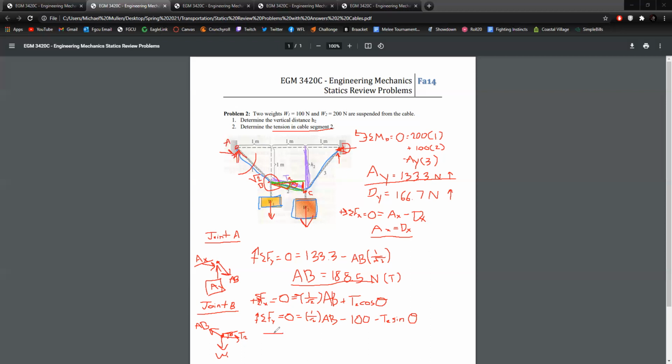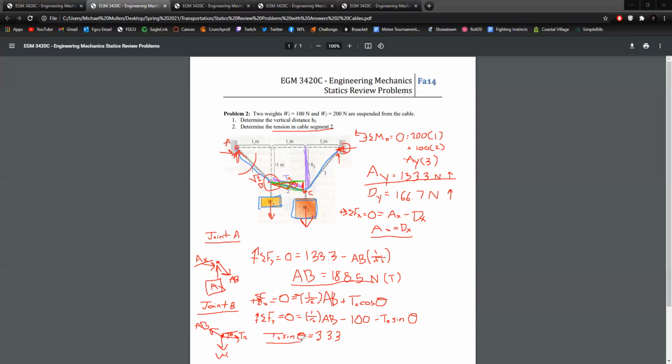We can rewrite this as T2 sine theta is equal to this 1 over square root 2 AB, AB is known, minus 100, comes out to be 33.3.